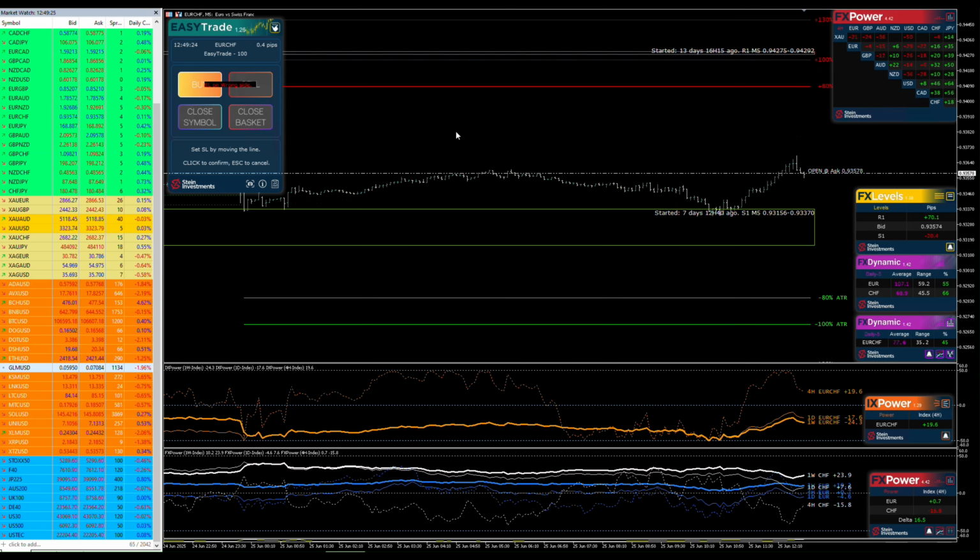Profit target there. New Zealand dollar, US dollar is a sell as well. So this is the daily low, I think, and the real take profit is here. So I'll modify it. And then I have euro against the New Zealand dollar to the buy side. So that's it for the moment.